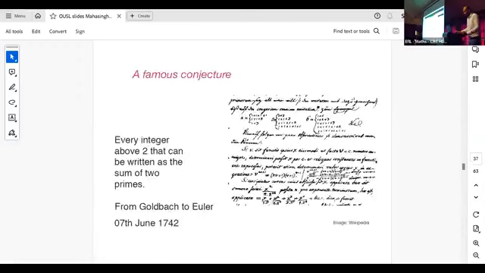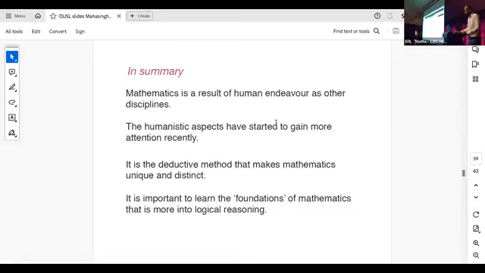So these are the things I just wanted to show you before the break. In summary, mathematics is a human endeavor, and the humanistic aspects are gaining more attention than ever these days. So don't think it is very abstract and not related to life. It is coming from humans. There were many debates and many historical facts behind mathematics.